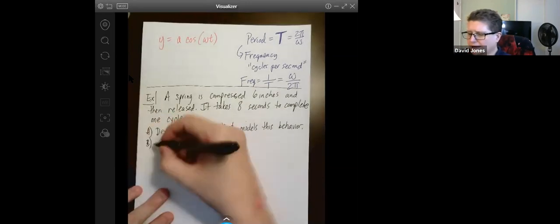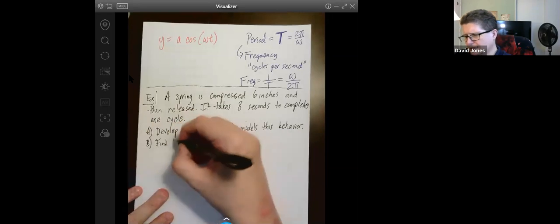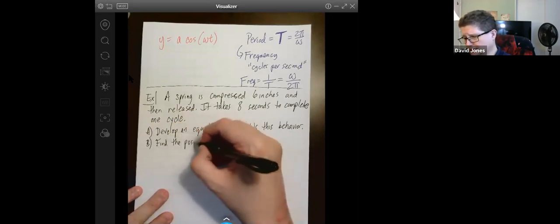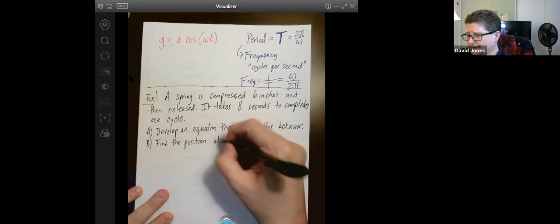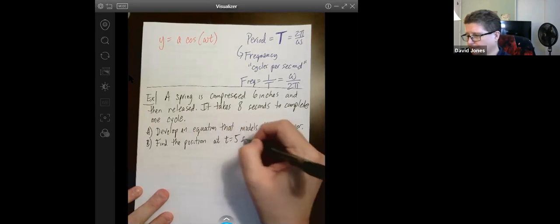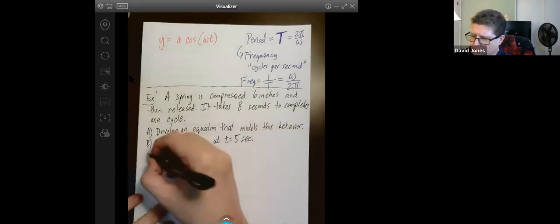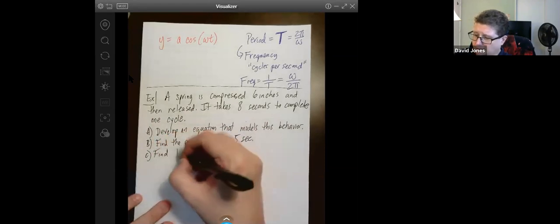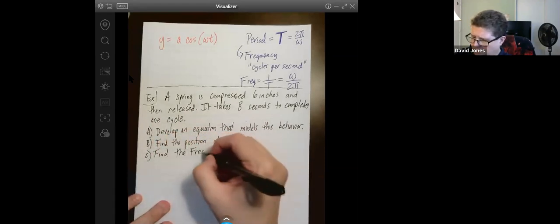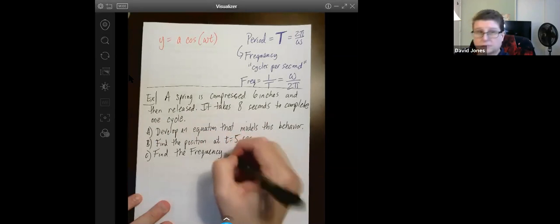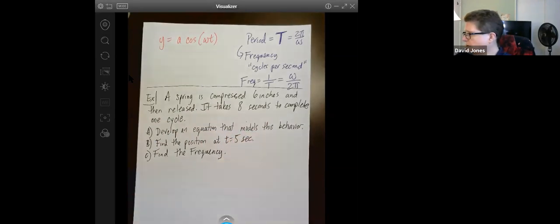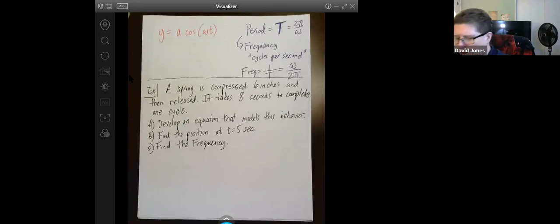After we do that, find the position at T equals 5 seconds. And let's also find the frequency. Okay. So that's our assignment. We'll pause and let you write it down, and then I want to draw a picture.